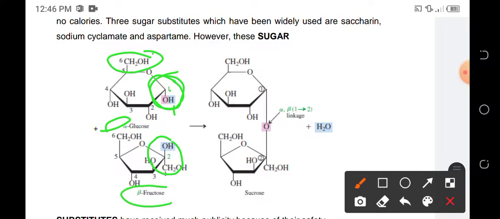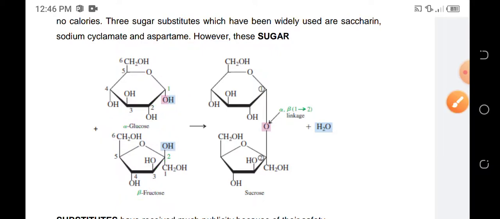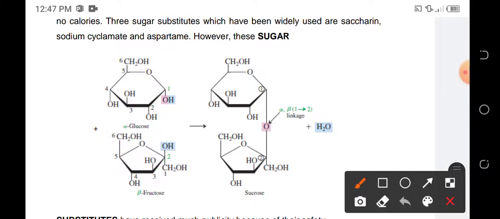For this naman is beta, because the terminal CH2OH is above and the hydroxyl on the anomeric carbon atom number 2 is above also, so they are in the same direction, so they are beta anomer.